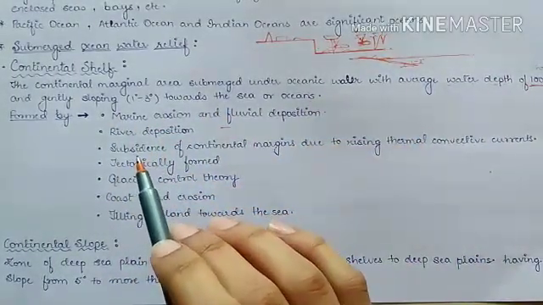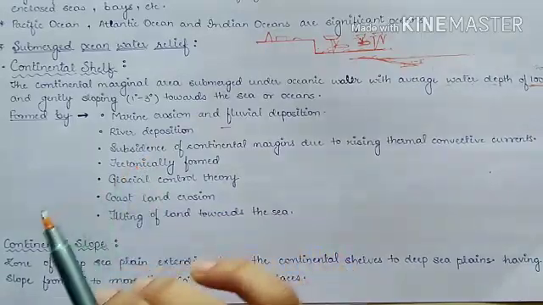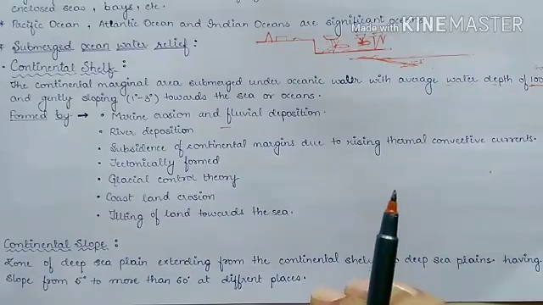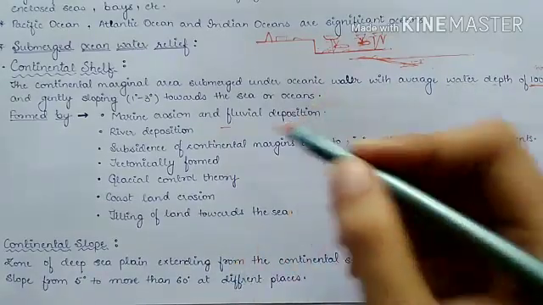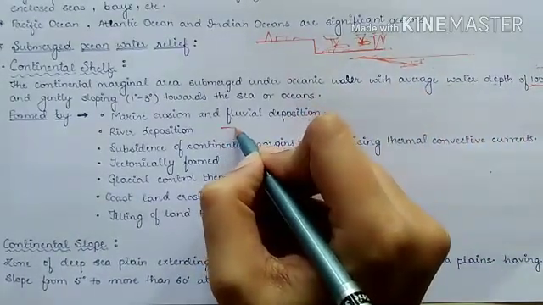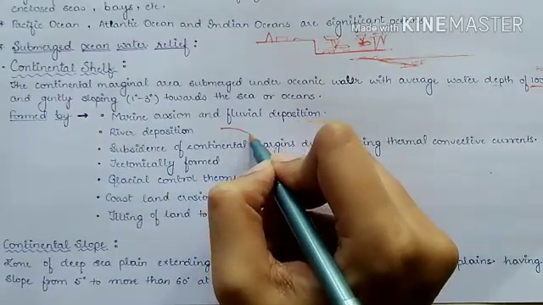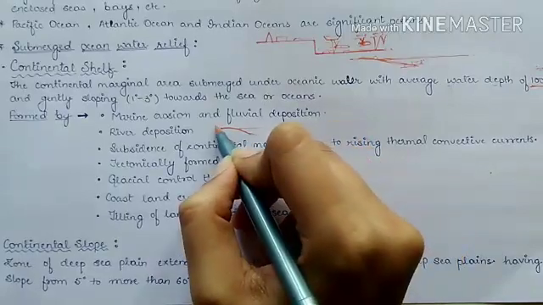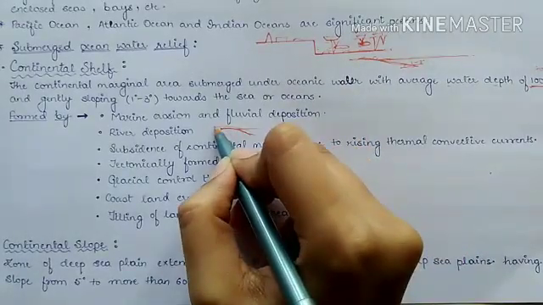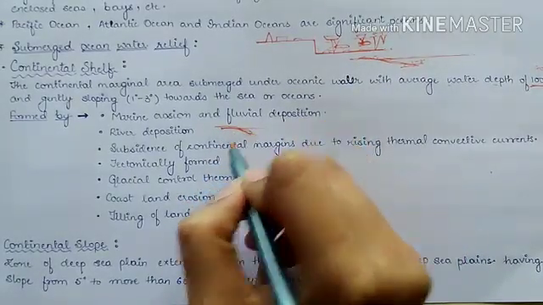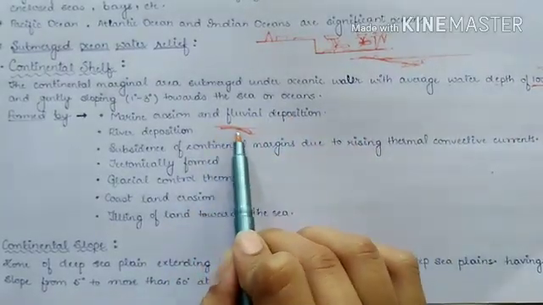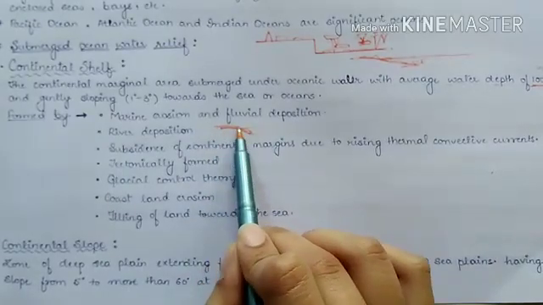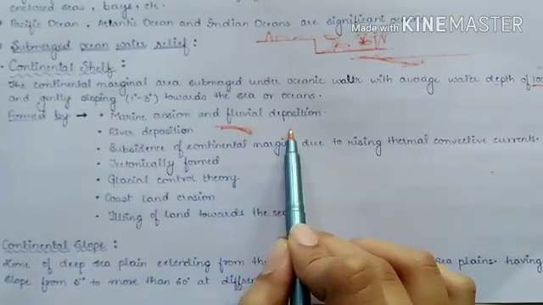Such type of continental shelves are formed only in those areas where sea conditions are calm, and this is our continental margin. So the river is bringing sediments, and these type of continental shelves are formed when the sea is calm, so that these deposits are not eroded away.